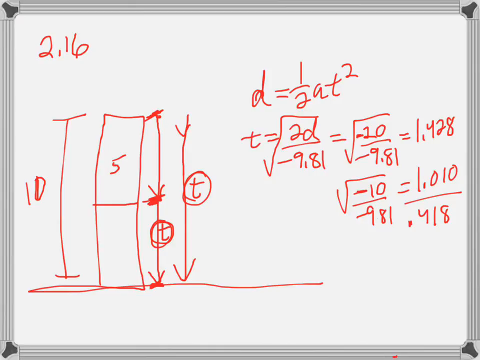So now I can come back up and I can use this equation up here, but this time I need v_i t also in there.